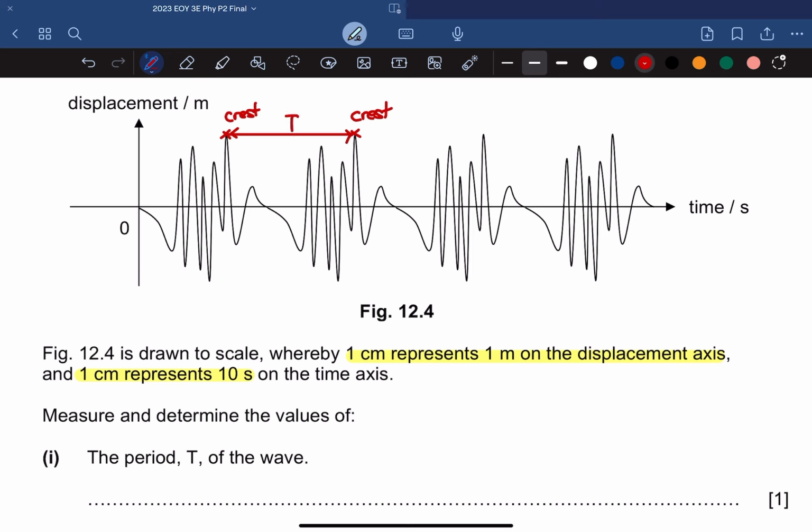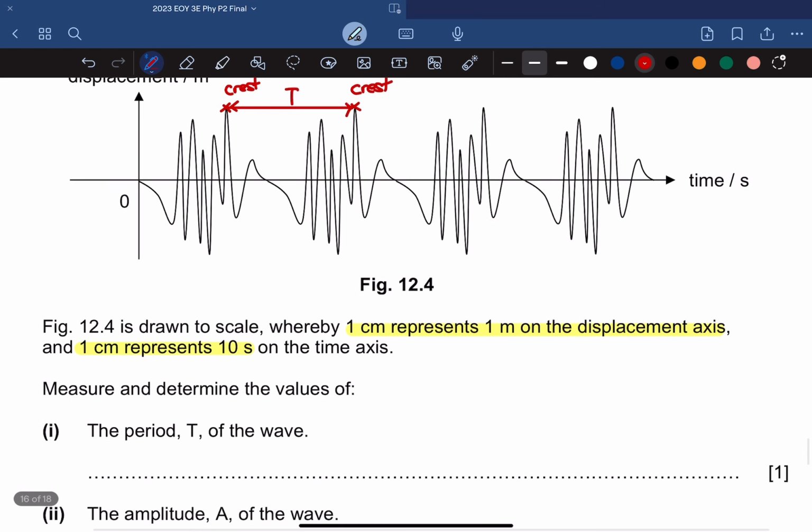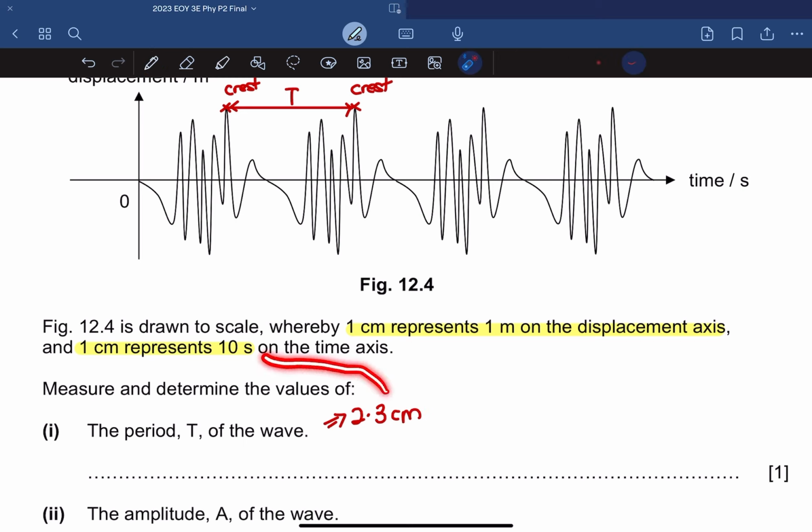If you measure this correctly, you should be able to measure that this is represented by 2.3 cm, which based on the scaling provided over here, 2.3 cm will simply represent 23 seconds.